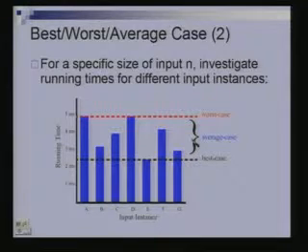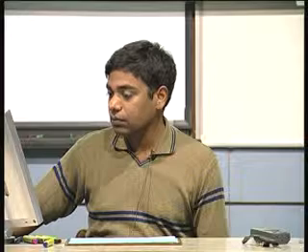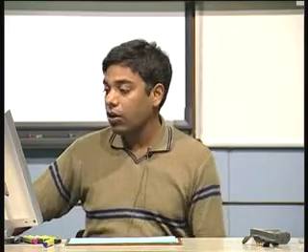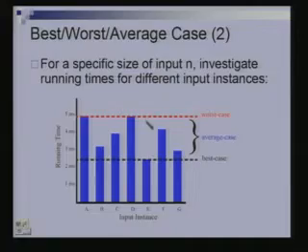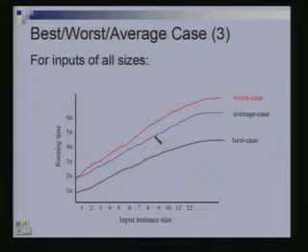So that was for inputs of one size n. That would give us the values with which we can then compute worst case, best case and average case, right? Now if I were to consider inputs of all sizes, I can then create a plot of this kind.